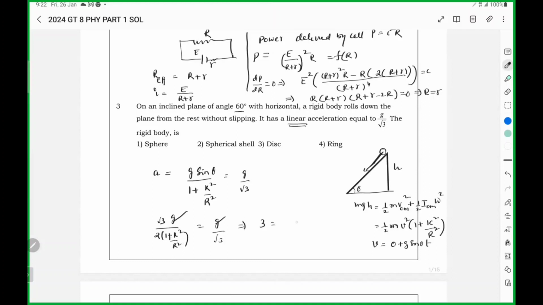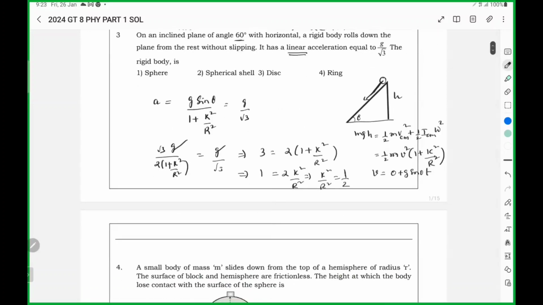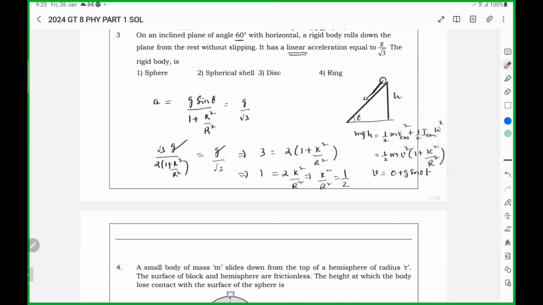So 3 is equal to 2 times (1 plus k square by r square), so k square by r square is half. Now this is possible, I think, for a disk: mr square by 2 is mk square. So k square by r square we got is half, that is suitable for a disk.